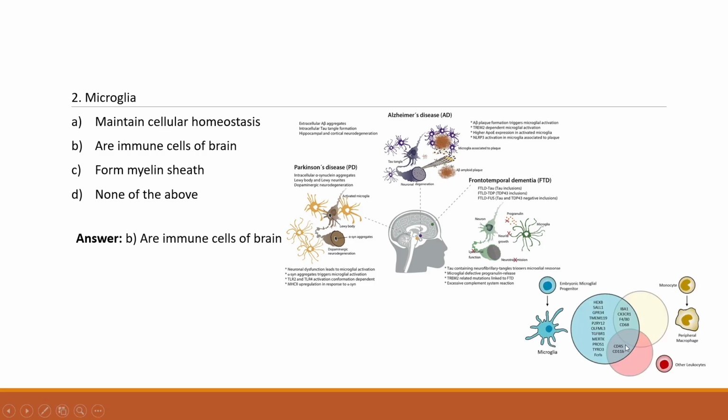So here you can see this is a Venn diagram. This is your microglial cell and this is your normal blood monocyte. So your monocyte is also similar. Your microglial cell is similar to your macrophage like I mentioned before. So your monocyte stage is similar to your embryonic microglial progenitor.